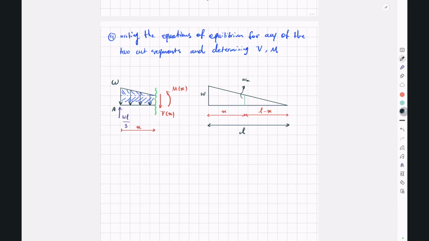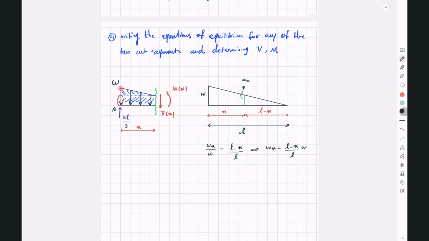Now, using the geometric relations, we can say Wx divided by W will be equal to L minus X divided by L. So Wx will be equal to L minus X divided by L multiplied by W, which will be this value here.